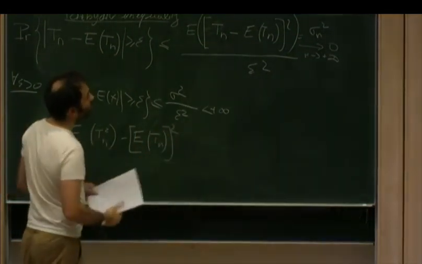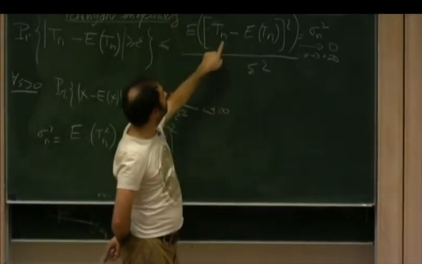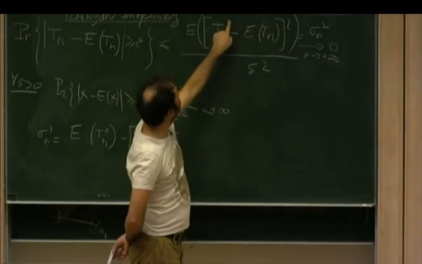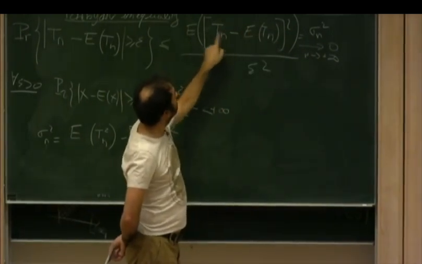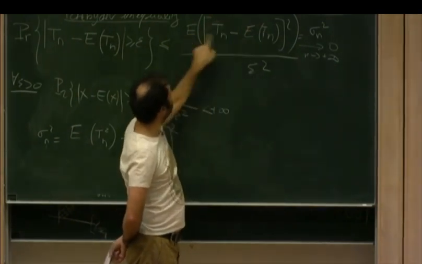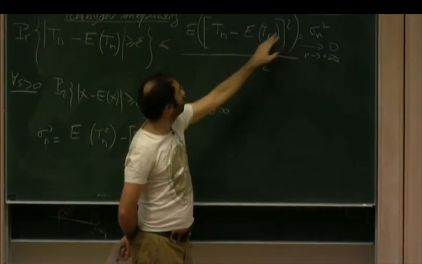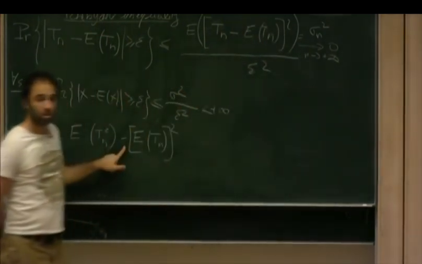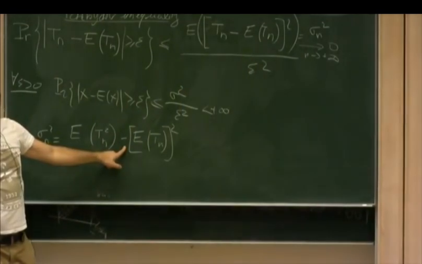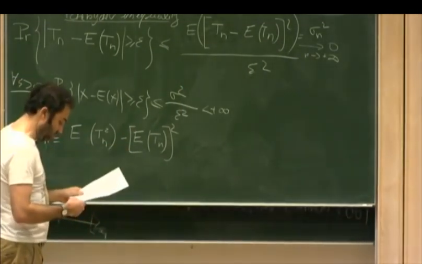Because you have the square here. I put it squared, so Tn squared minus twice Tn multiplied by this, and you take the expectation of this, plus expectation of Tn squared, so you are left with this one, right?